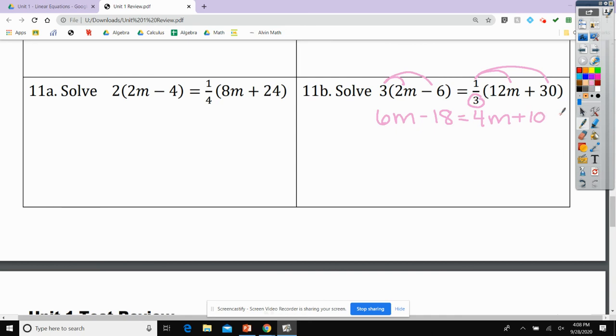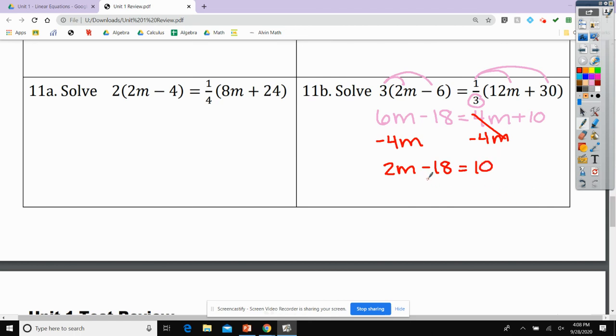Now I solve this like normal. So I need to move my variables to one side. So we'll take the smaller one and subtract it. So minus 4m, minus 4m. Those cancel out, and I'm left with 2m minus 18 equals 10.